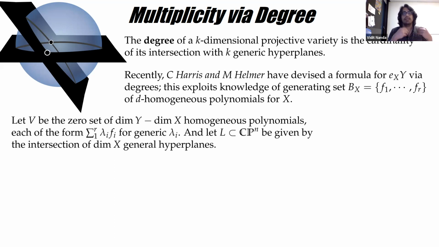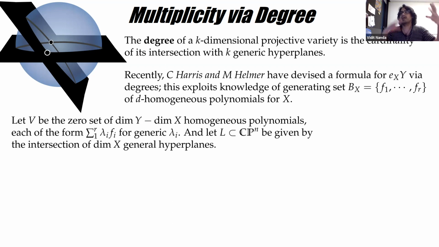So take random complex numbers, lambda i, and form the sums of lambda i f_i. So that's a new family of polynomials. Okay, so it's sort of terrible. But what you notice is that if you set these to 0, then X lies in the zero set of all of them. So if you look at the sum of lambda i f_i, and you take a point where all the f_i are 0, then this linear combination is also 0.